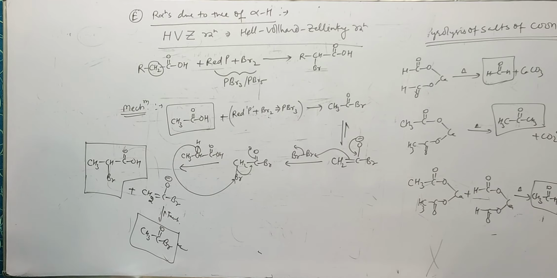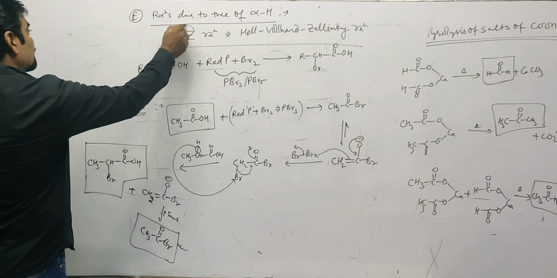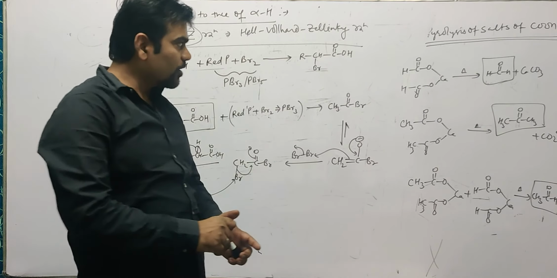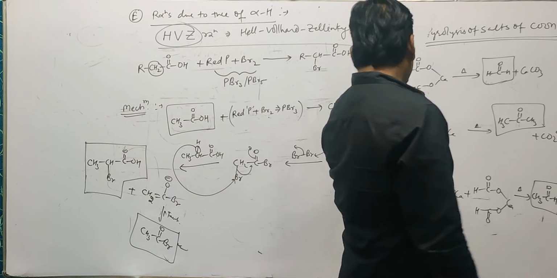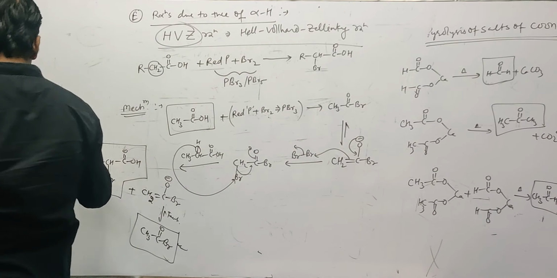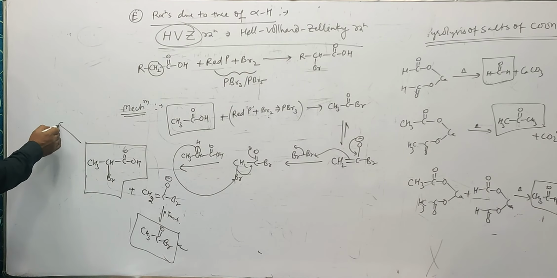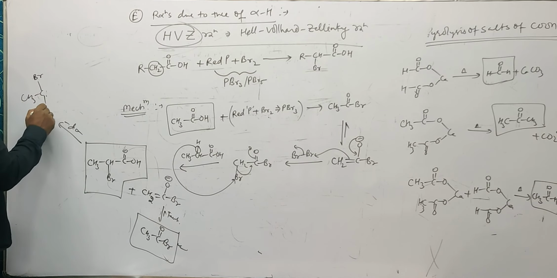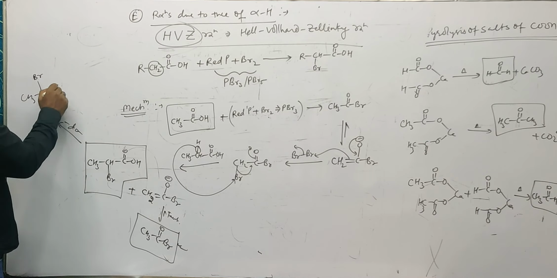Alright, this reaction is called the HVZ reaction, the Hell-Volhard-Zelinsky reaction, which has great importance because the acid is converted to alpha haloacids. Further, if we do similar reactions, whatever number of alpha hydrogens are there, all can be substituted by halogen, giving alpha-alpha dihalo acid.